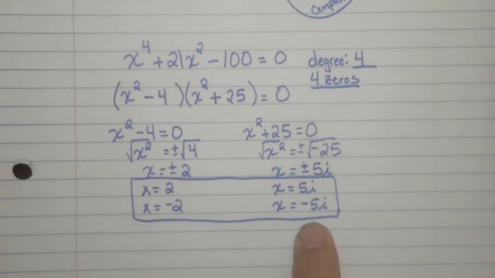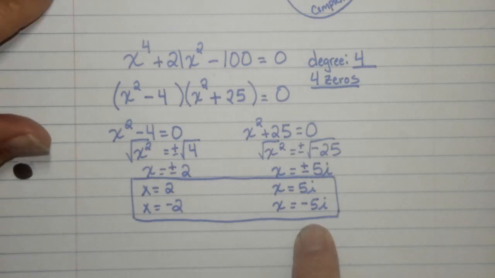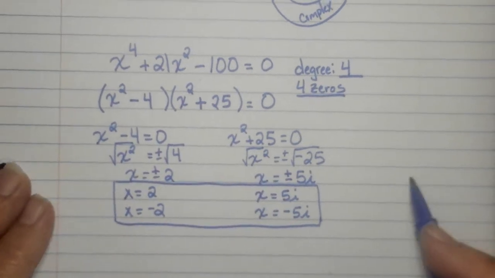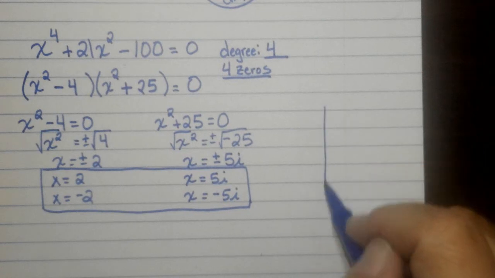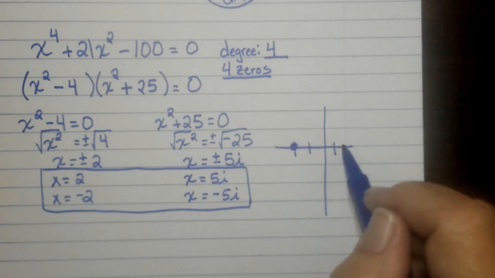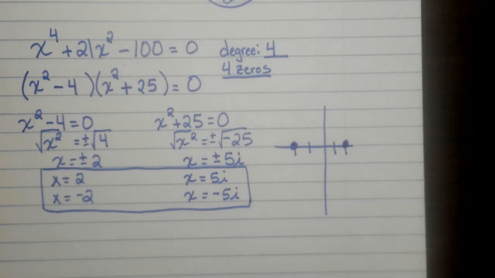But you're not going to find the 5i and the negative 5i by looking at your table. Right? So this statement up here lets you know that there are 4 zeros to be found. These two imaginary ones are only going to be found algebraically. Right? When you look on your graph, you're going to see an x-intercept at negative 2 and an x-intercept at positive 2, but there's not going to be any other x-intercepts because your other zeros are imaginary.